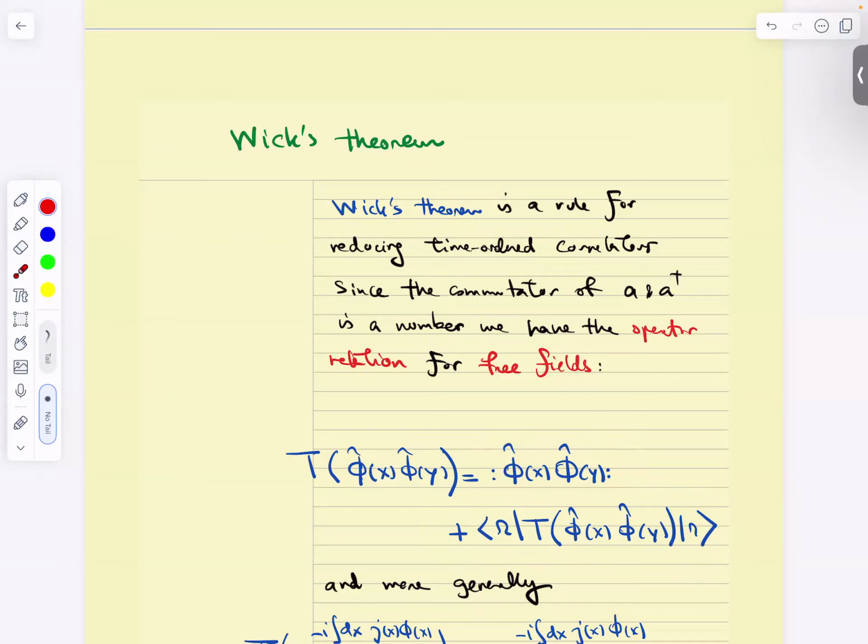Why? What is the expectation value of the normal ordered correlator in the vacuum? What's the definition of normal ordered correlator? So if you have a normal ordered correlator, exactly. So the normal ordered correlator of φ(x1) all the way to φ(xn).